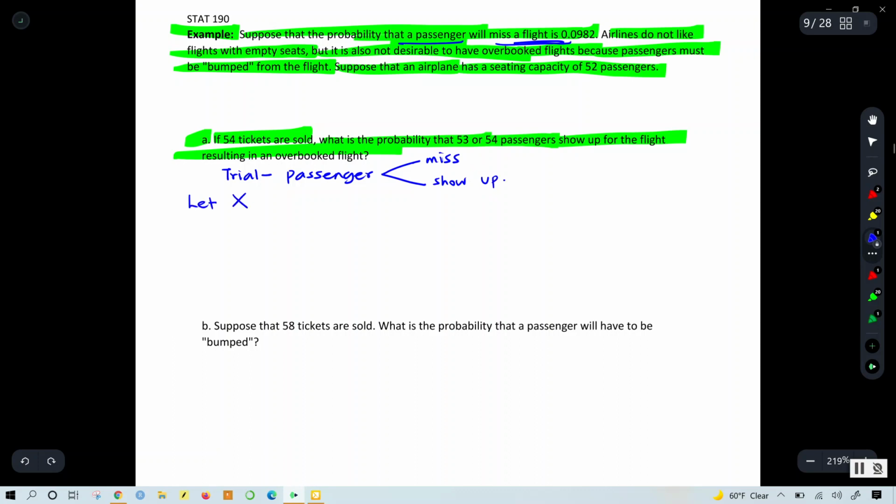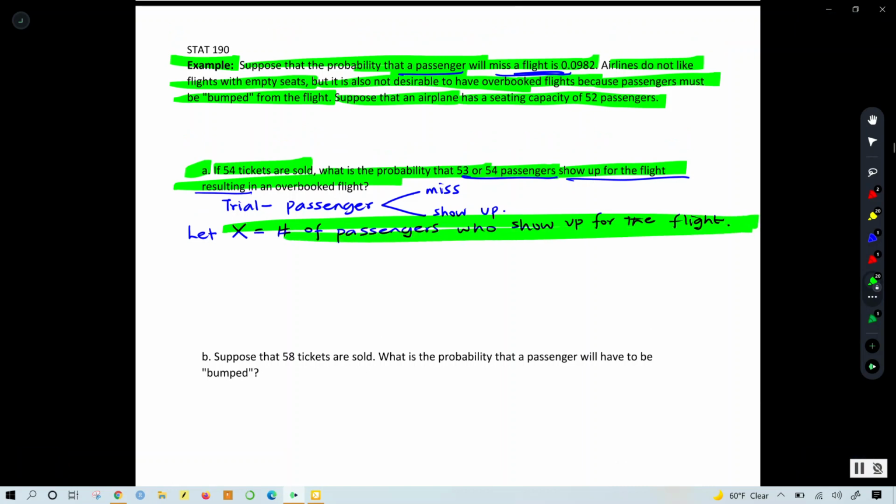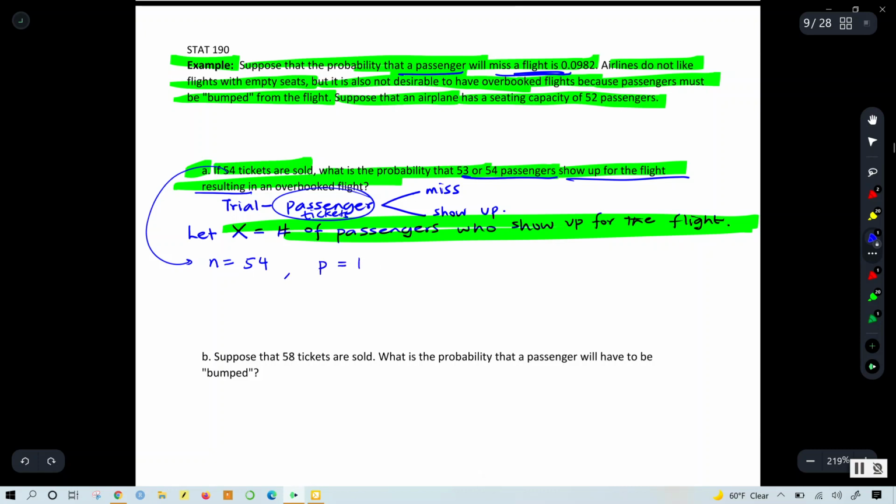We're going to let our x, the random variable of interest here, be the number of passengers who show up for the flight. So let's write that down. If x represents the number of passengers who show up for the flight, then in this case, our n, the number of trials, or the number of passenger tickets that are sold in this case, will be equal to 54. And p is the probability that a passenger shows up.